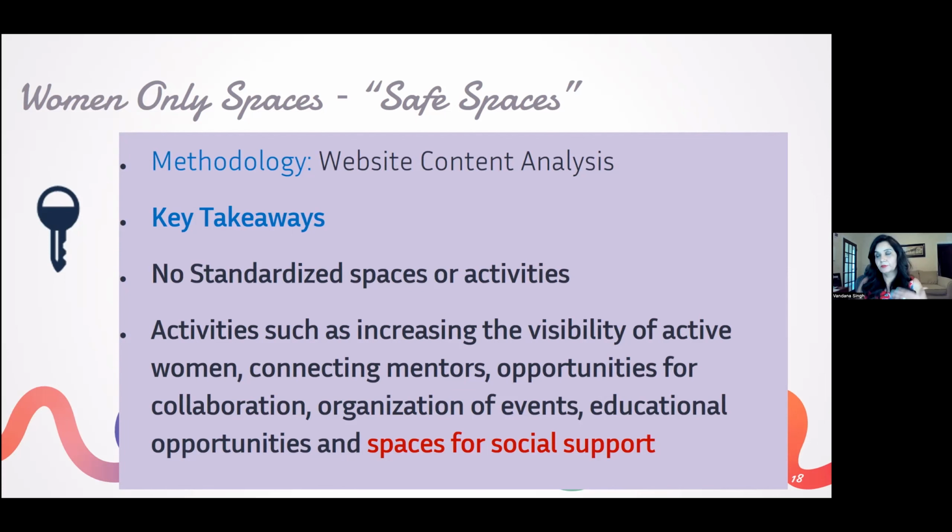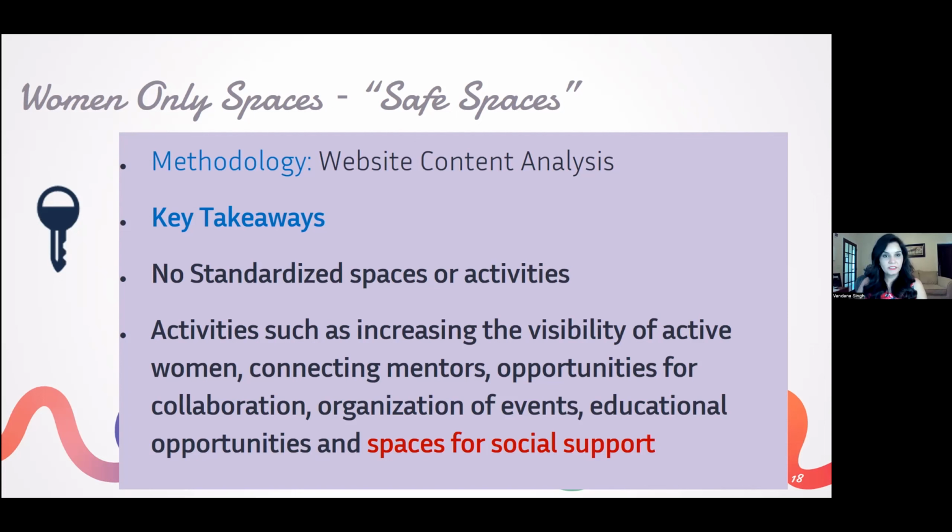Really the methodology was across, I think, 300 and some projects. We looked at whether they had any such space or not. And if they did, what kind of activities were going on. What we found was that there were no standardized spaces or activities. So it's not a common thing that everyone is doing, but different things.